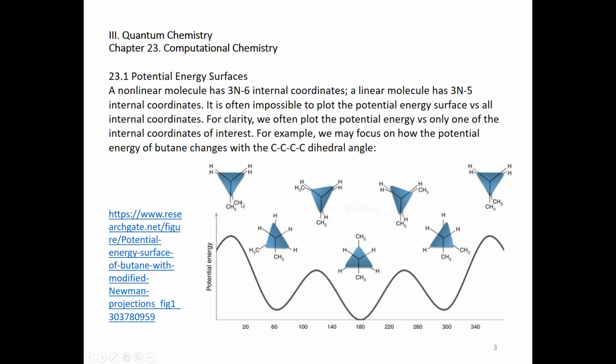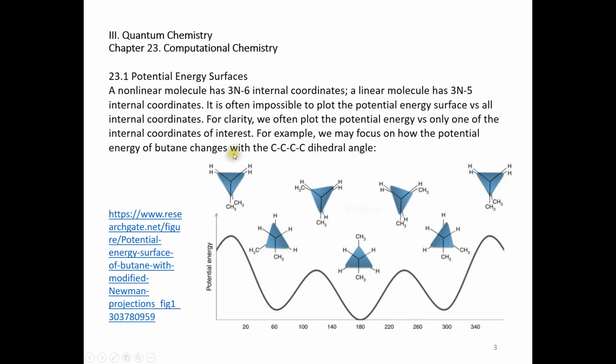Atoms 1, 2, 3 can define a plane. Atoms 2, 3, 4 can define a second plane. So the angle between the first plane that contains atoms 1, 2, 3 and the plane that contains atoms 2, 3, 4, that angle is the so-called dihedral angle.